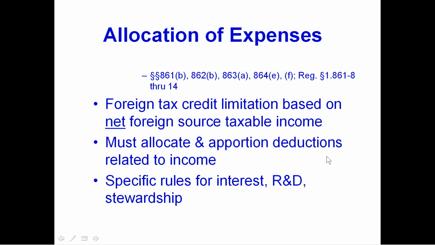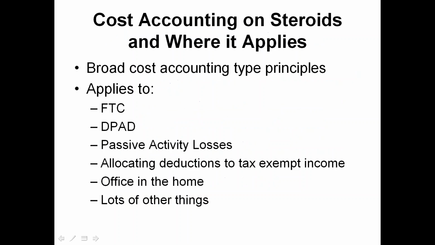Well, the 861 rules are basically cost accounting on steroids. These rules are pervasive in their application. Where cost accounting rules apply to cost of goods sold and inventory, these rules apply to every place that refers to allocating or apportioning deductions.